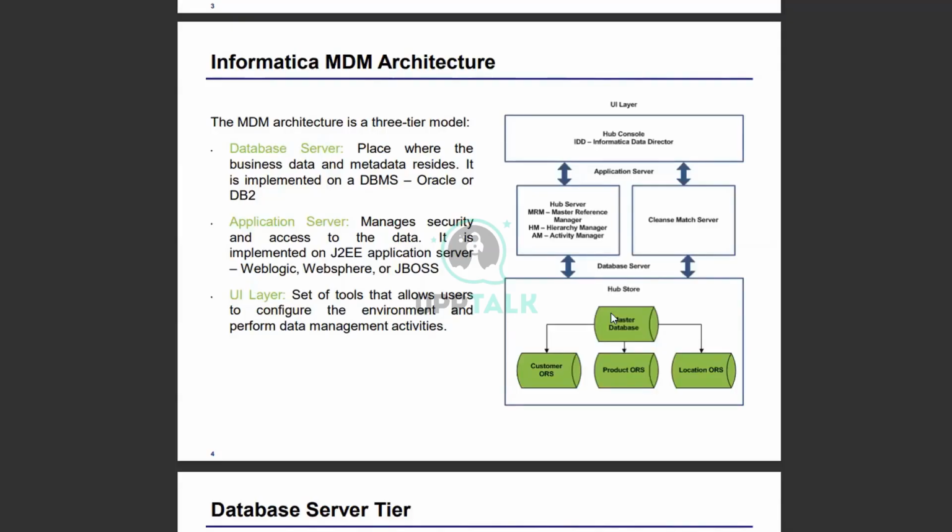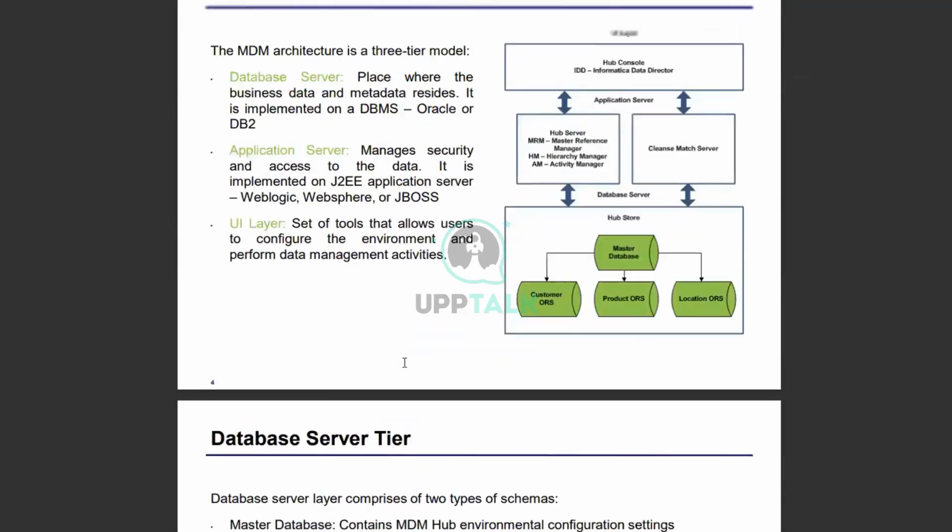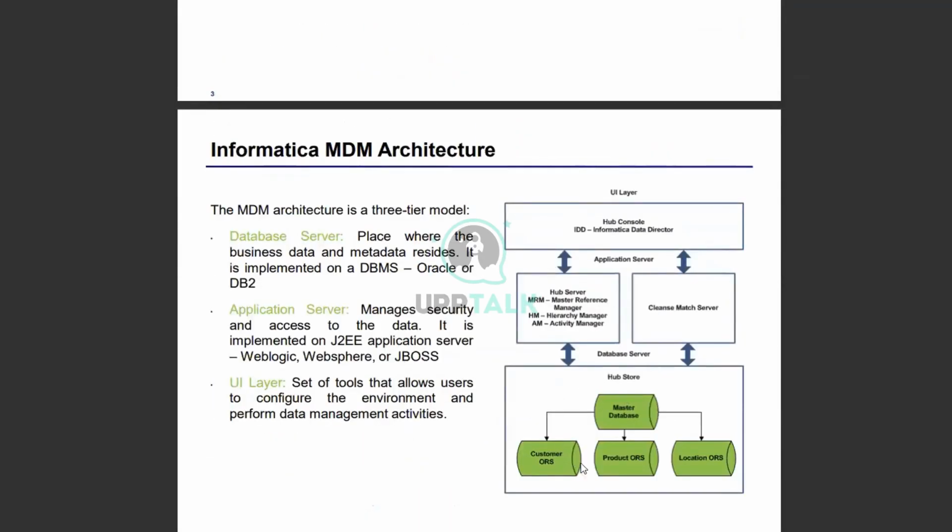The second are the ORS, which is Operational Reference Store. In that database, all your configurations and everything will be stored. According to your application layer, ORS will be storing your data and its own configuration.